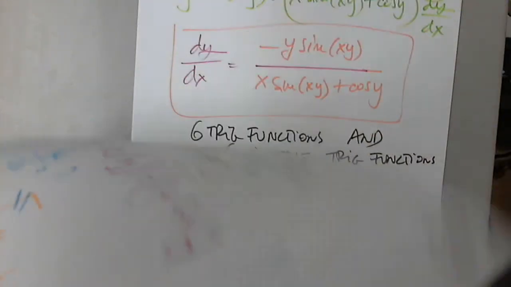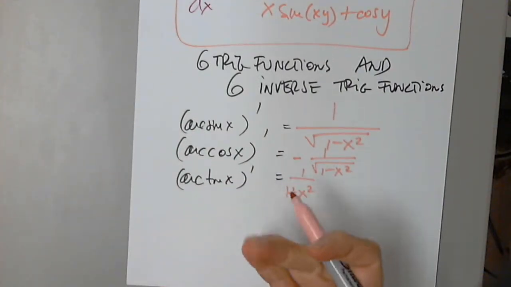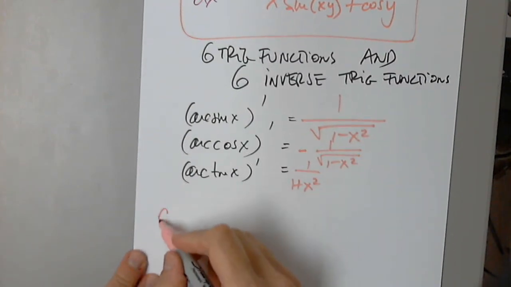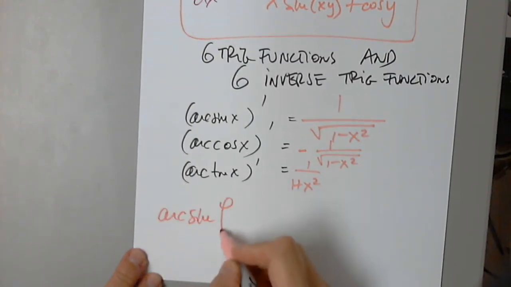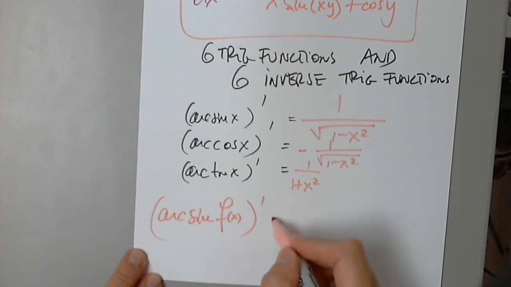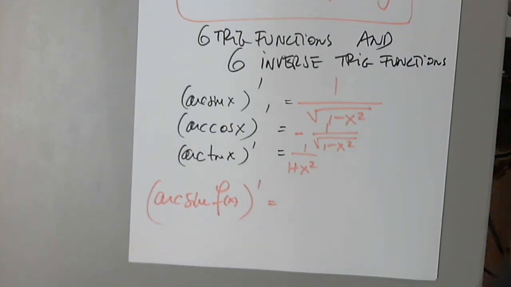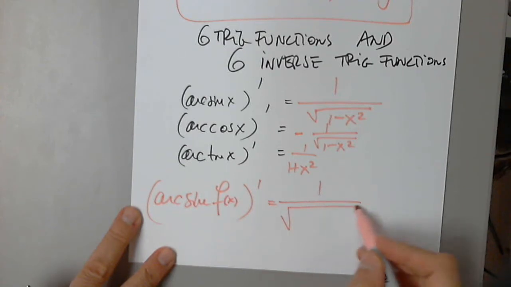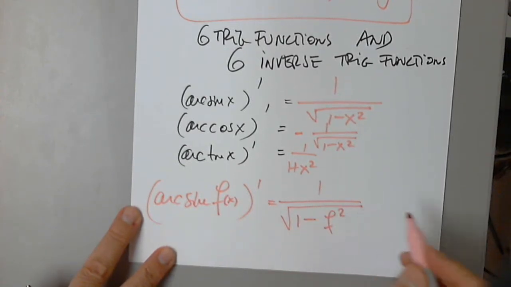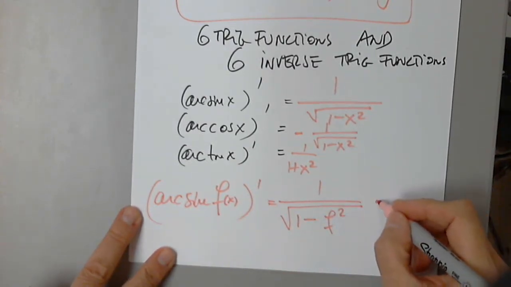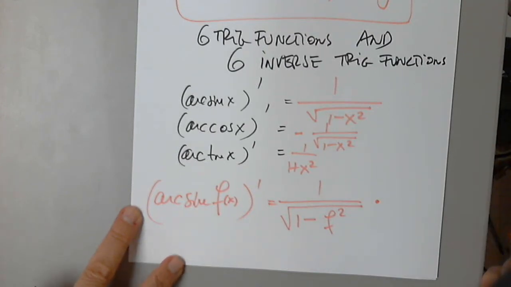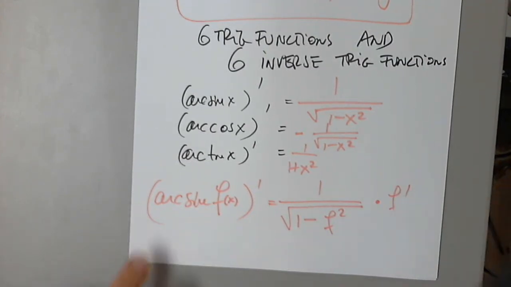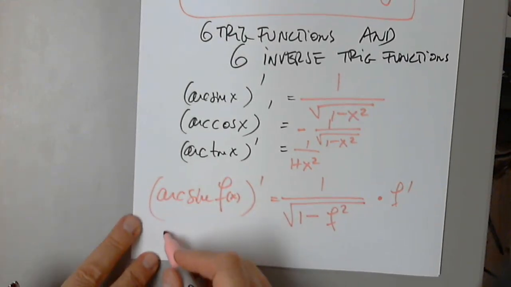Of course, if we have a function inside any of these, what would you say? Arc sine of a function of x prime. What will the answer be? 1 over the square root of 1 minus the function squared, but times the function prime. What if I have arctangent of a function?